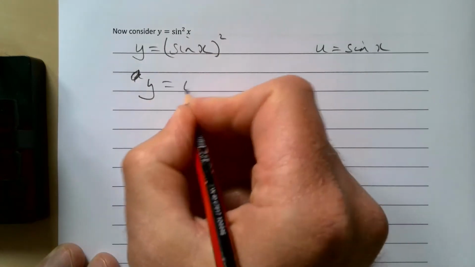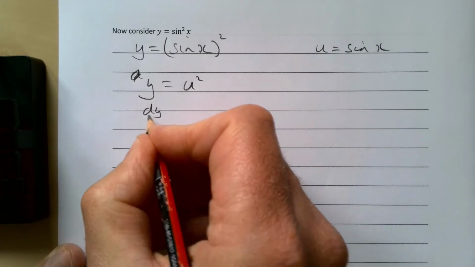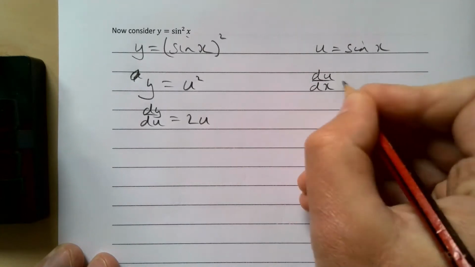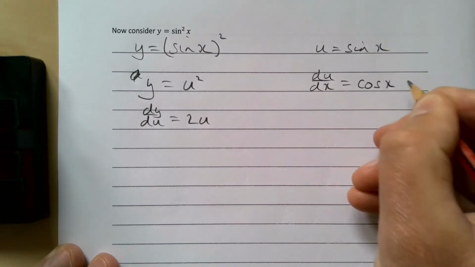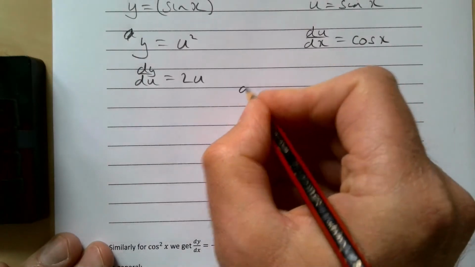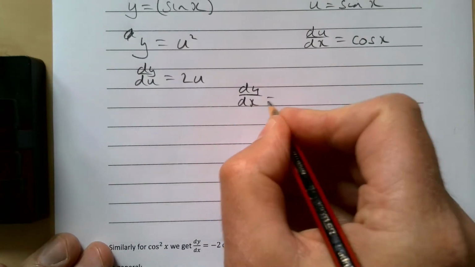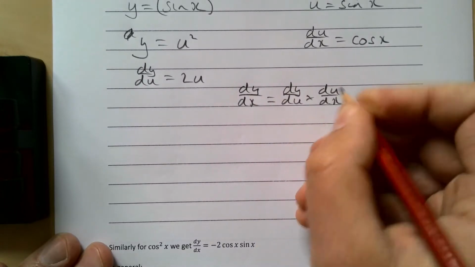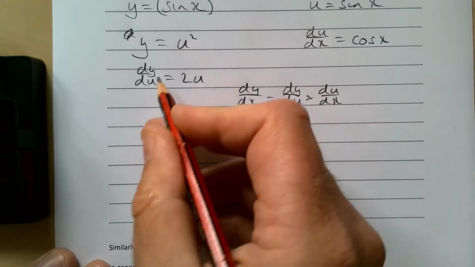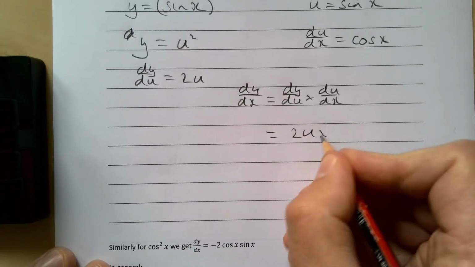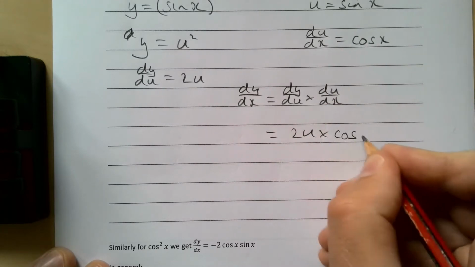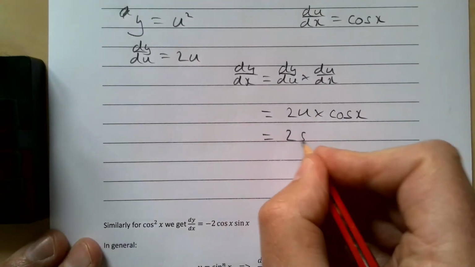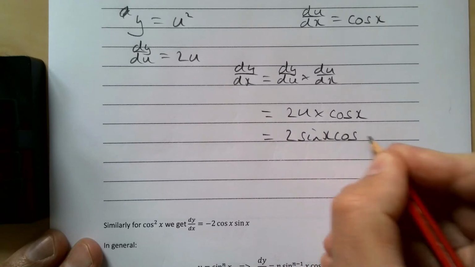So that means y is going to be u squared. dy by du is going to give me 2u. du by dx, if I differentiate sine, I get cos. dy by dx then is going to be dy by du times du by dx. dy by du is 2u. du by dx is cos x. u, of course, back up here is sine x. So the answer is going to be 2 sine x cos x.